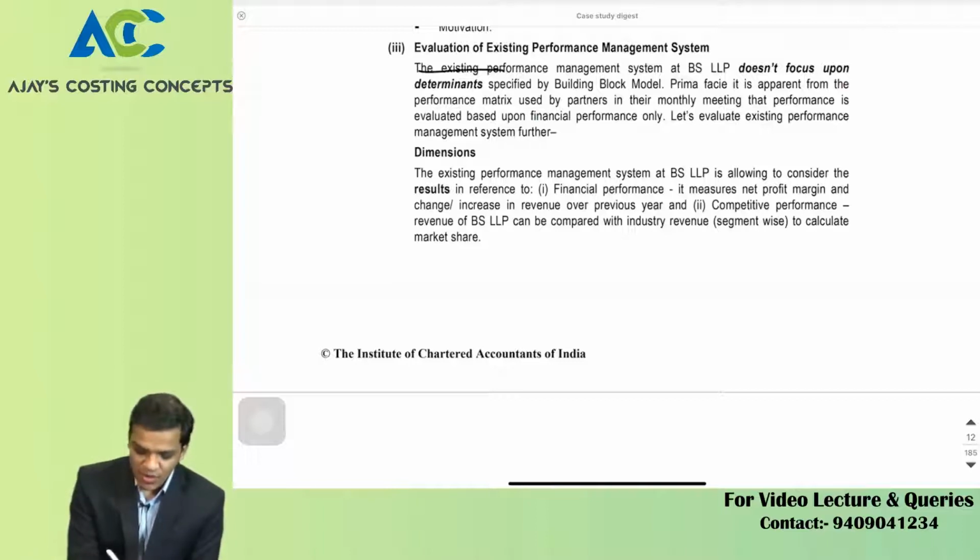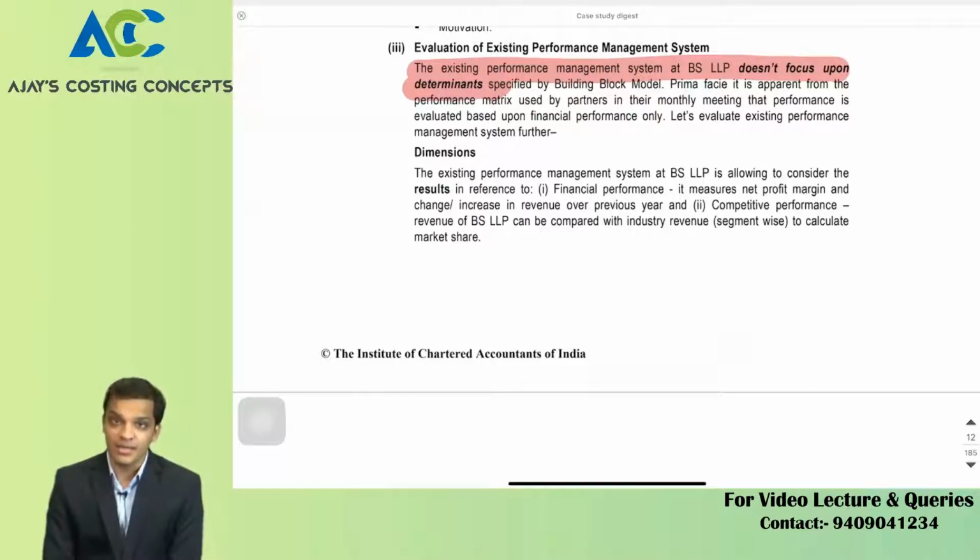The existing performance system of BSLV does not focus on determinants. What are the determinants? The quality, right? The information in the question is not given about the quality, it is not given about the flexibility, it is not given about the innovations, as well as not given the resource utilization. We are not being provided with that information.